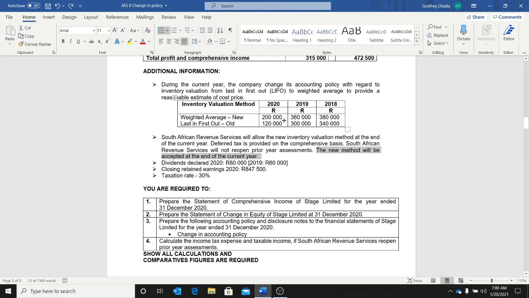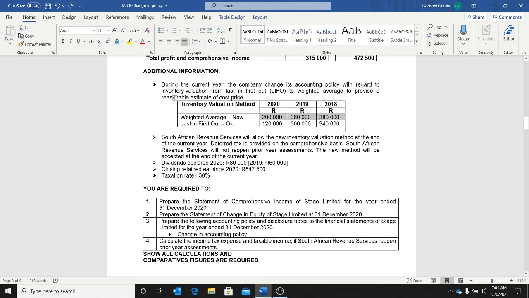So meaning they're only going to allow this figure here. The rest in 2019 and 18, you are using the old one, meaning you are using these ones according to them. Okay. According to the question. But in required 4, they are saying, how would you calculate this thing if you are using all these ones here?